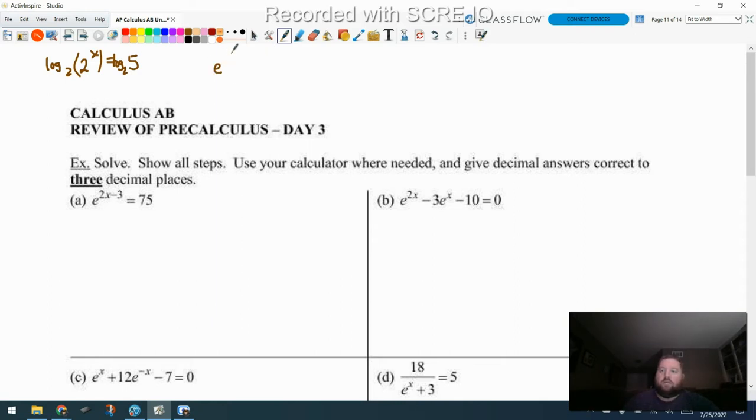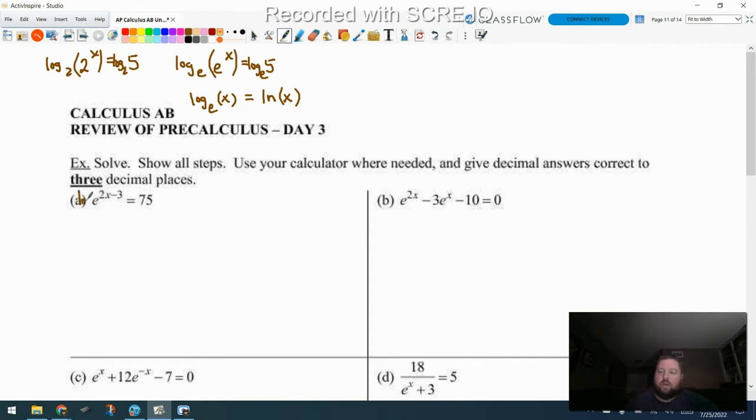And so if we want to do e to the x equals 5, then it would make sense to do a log with a base of e on both sides like that. And that's exactly what we do, except we don't write it like that. A log with a base of e, and I'll just say of x, is the same thing as a natural log, ln of x. Okay, and so we use this natural log, which is the inverse operation of this e.